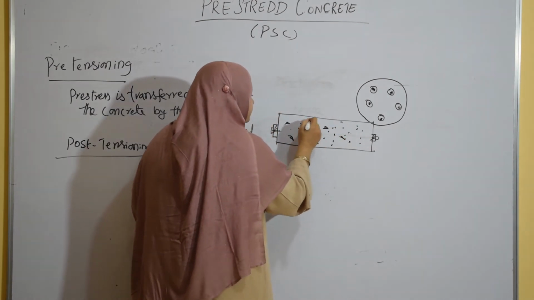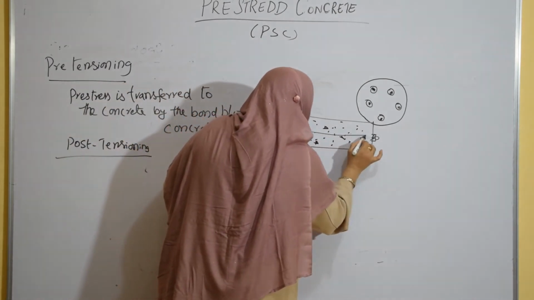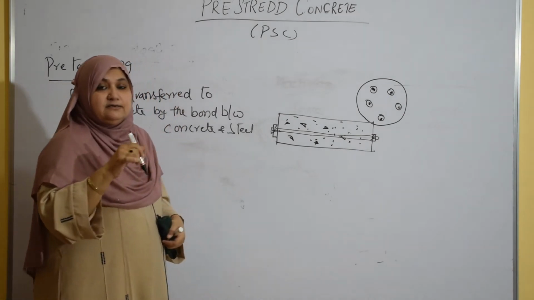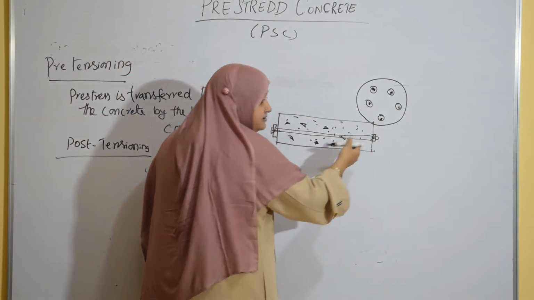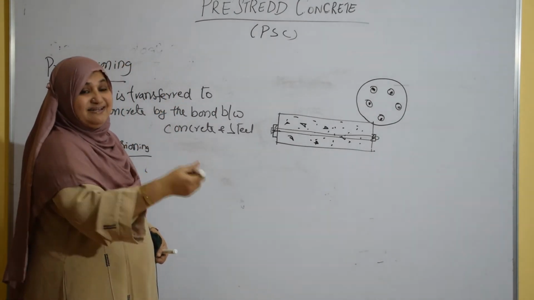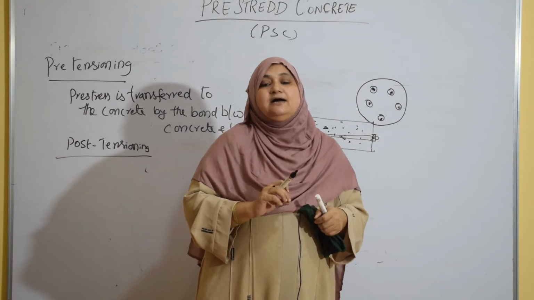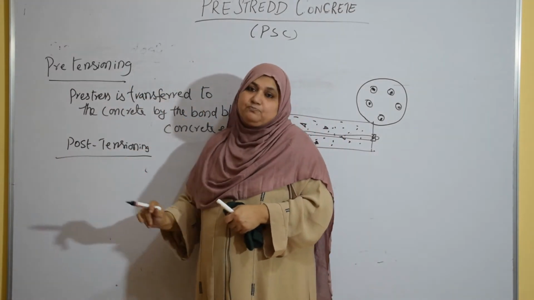So first concrete will be hardened, but it will be left with a groove. A small thin groove will be left over. So once concrete is set and hardened, then that steel wire, cable or tendon in general will be inserted into that groove. Then it will be pre-stressed against the hardened concrete. That type of pre-stressing is called post-tensioning.